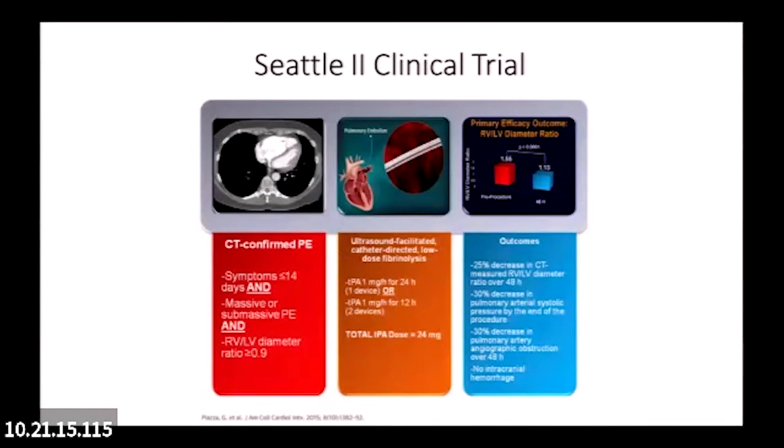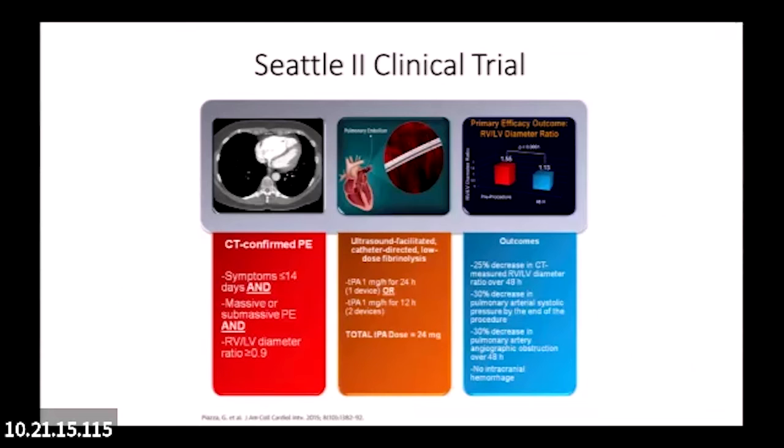They also conducted a trial for massive and submassive PE with ECOS. Those patients had symptom onset less than 14 days with RV dilatation. They gave TPA for 12 hours if it required 2 catheters, and if it's one catheter, they gave 24 hours.